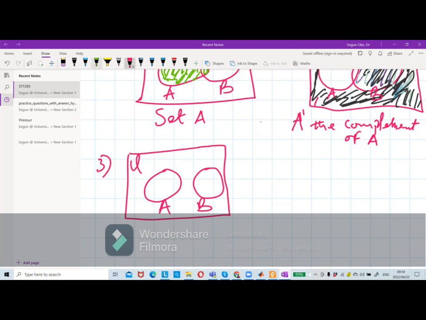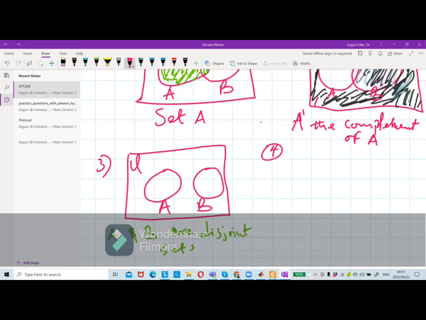No. So we have it that A and B are disjoint sets, because nothing enters any of the sets, and nothing is common to them.